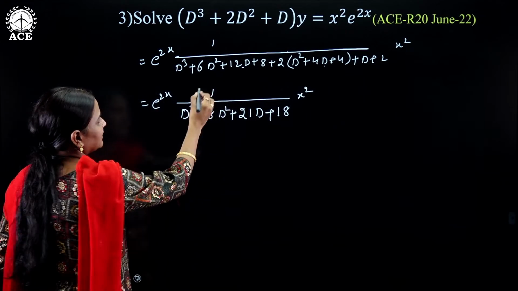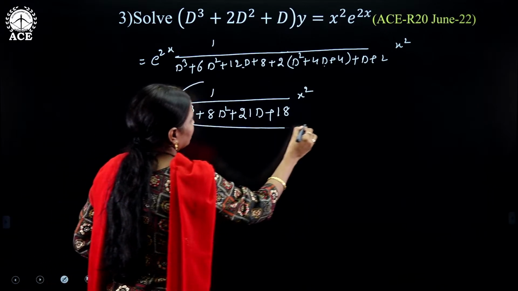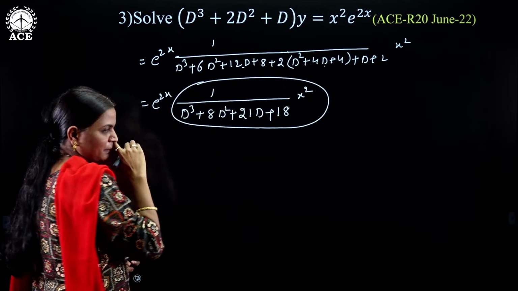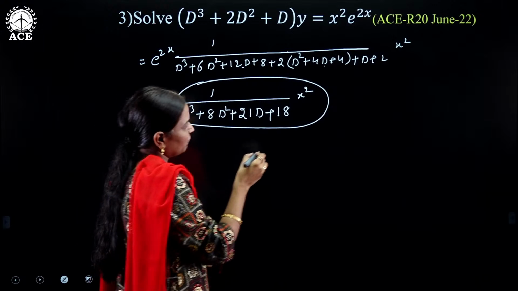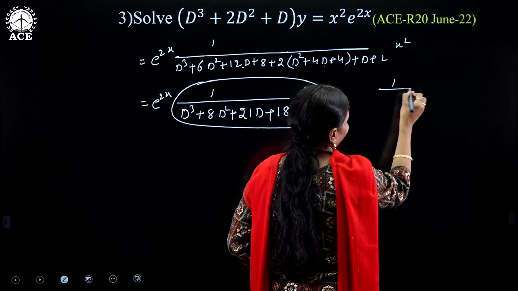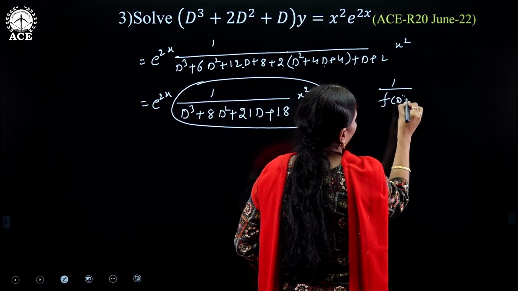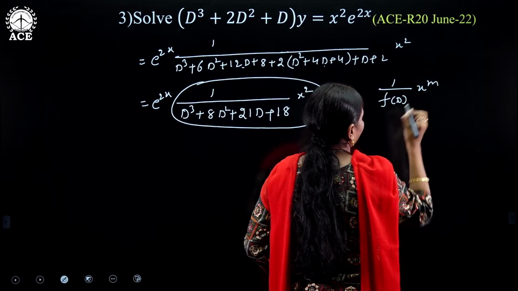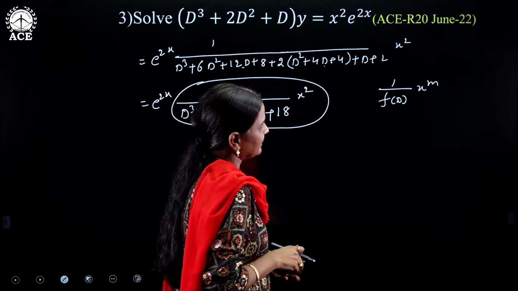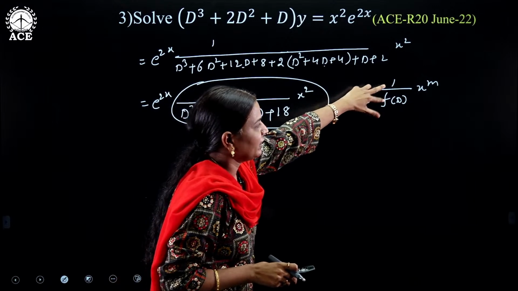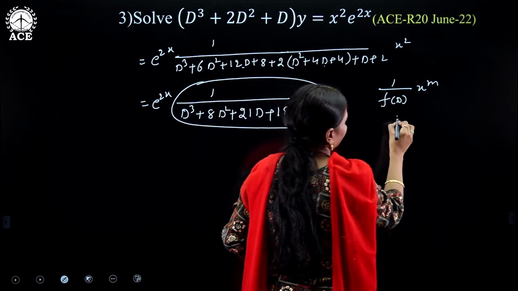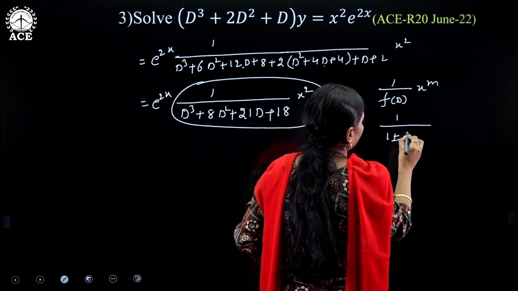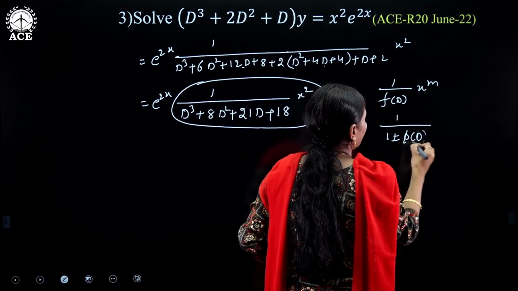Next, how to operate this one? Using the previous methods. Now here, this is of the form 1 by f of D into x power m. What is that procedure? In this case, reduce this 1 by f of D to the form 1 by 1 plus or minus phi of D. So how to reduce?